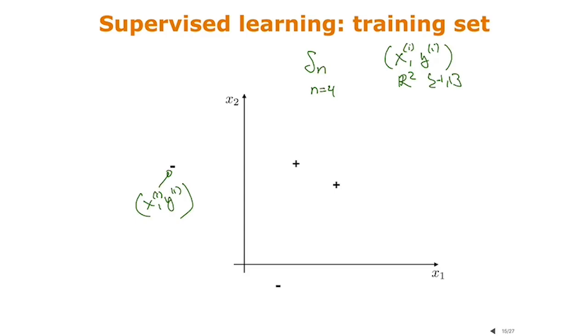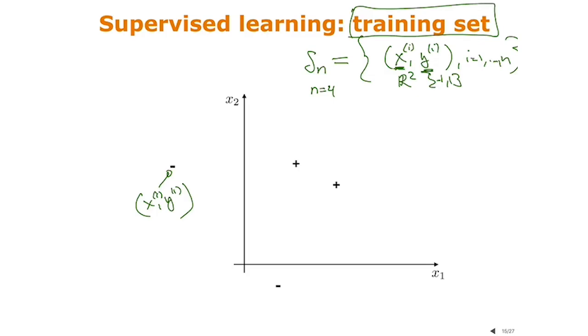And I have N of those pairs, where N is 2 here, N is 4 here, and that is my training set. Okay, so the training set here is a set of examples that includes the feature vector and the corresponding label.